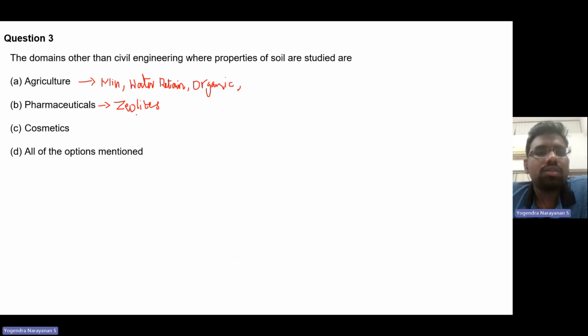Not exactly zeolites, but very fine powders, and the property of soil involved is specific surface area and grain size, absorption capacity.